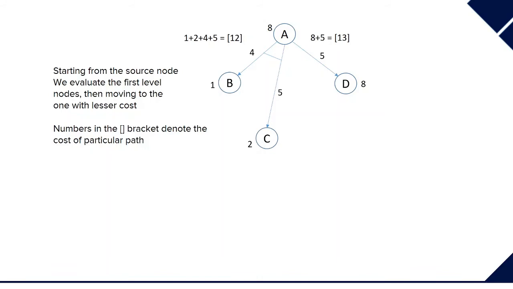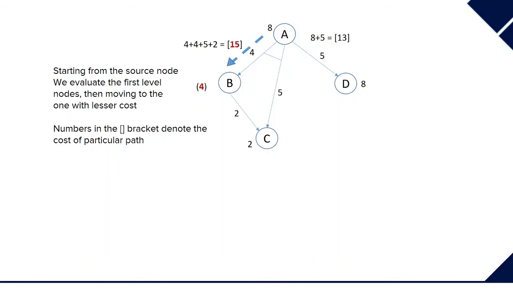So for the AND node, we have our total cost as 1 plus 2, which are the costs of the nodes B and C, and to reach those nodes the cost is 4 and 5. So total cost is 12, and to reach the node D we have a total cost of 8 plus 5, which is equal to 13. Now since 12 is less than 13, we move forward with the left side.